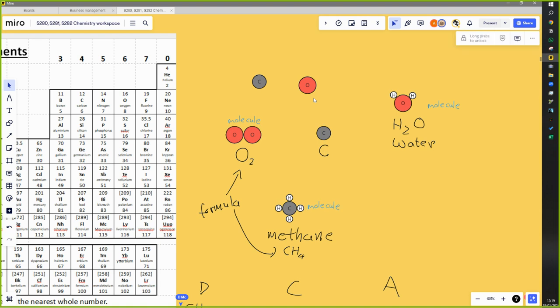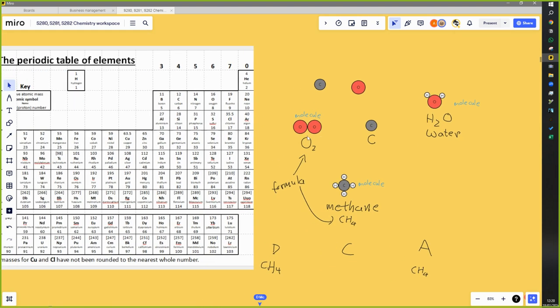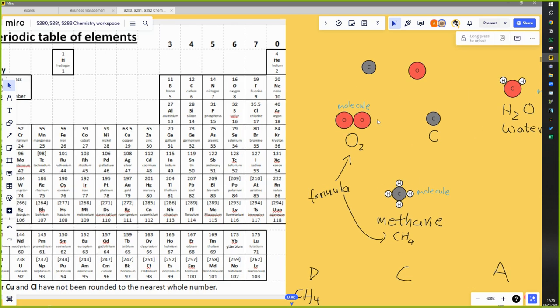However, the oxygen molecule is the odd one out because it is made out of only 1 type of atom. These are made out of 2 types of atoms, and this is made out of 2 types of atoms. Because the oxygen molecule is only made out of 1 type of atom, we can actually call it oxygen.